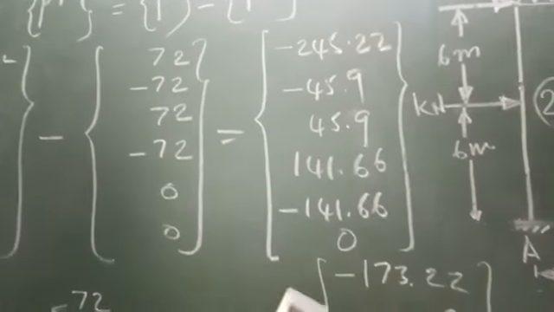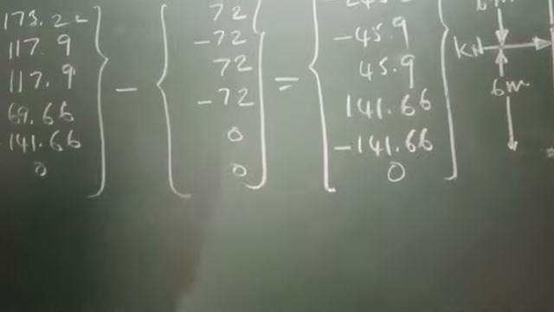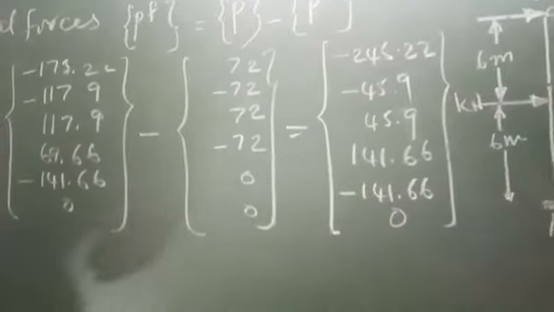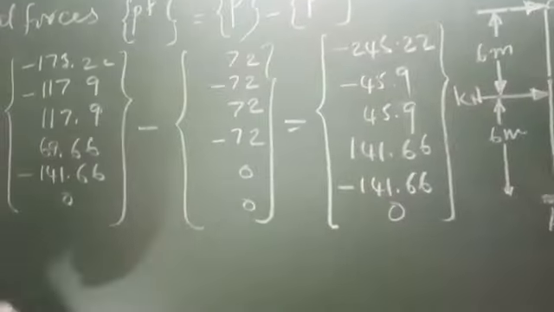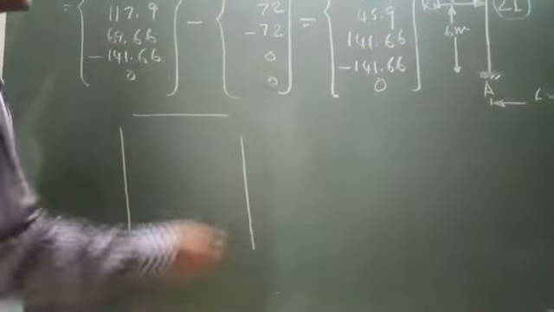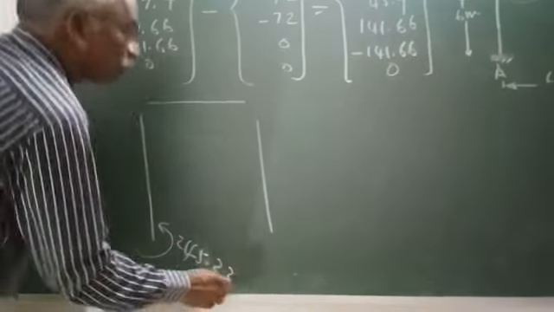So for this final force we have to draw the support moment diagram. Here this is one column, second column, third column. So here at 1 it is minus 245.22.